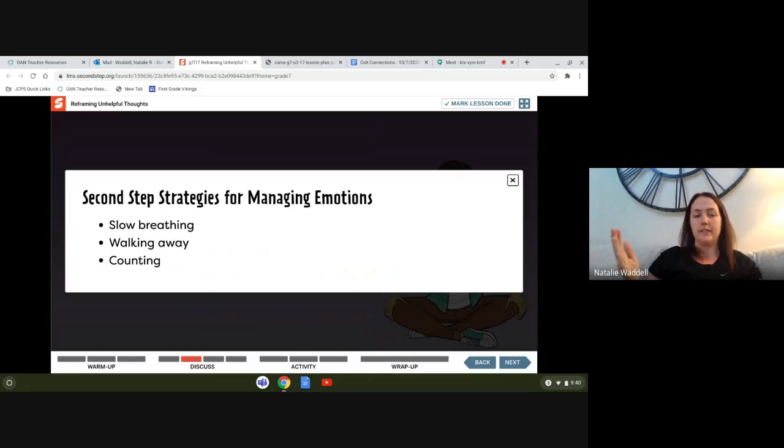A positive decision. Because remember, it takes longer for that decision-making part to kick on in our brain. Immediately, we feel that emotion, but then there's that delay there for decision-making. So by doing slow breathing, walking away from the situation, counting, those are some strategies for managing our emotions.